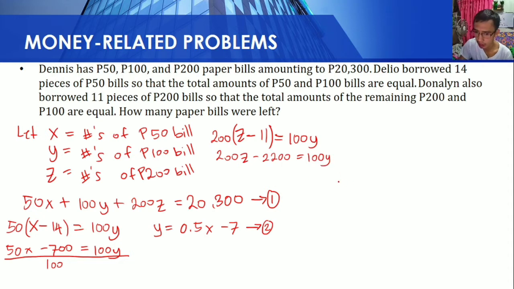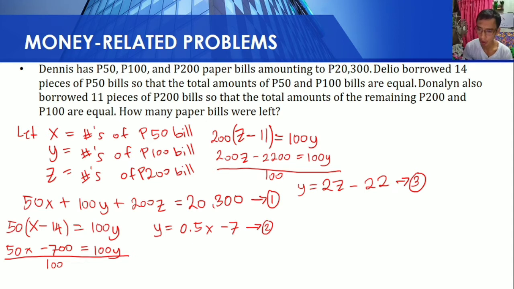So kunin ulit natin yung value ng y in terms of z. So divide both sides by 100. So y will be 200 over 100, that will be 2z minus 2,200 over 100, that will be 22. So ito na yung equation 3 natin.